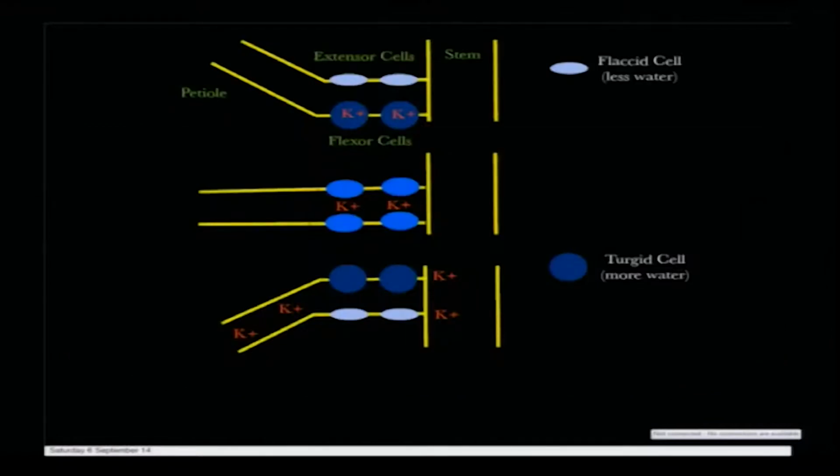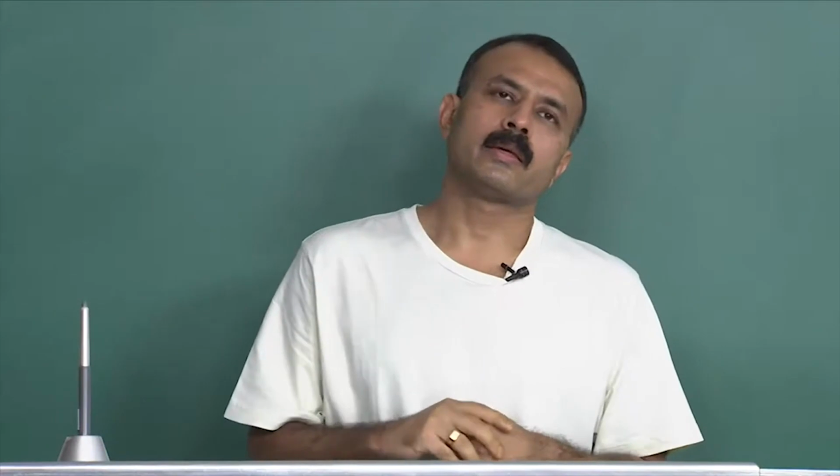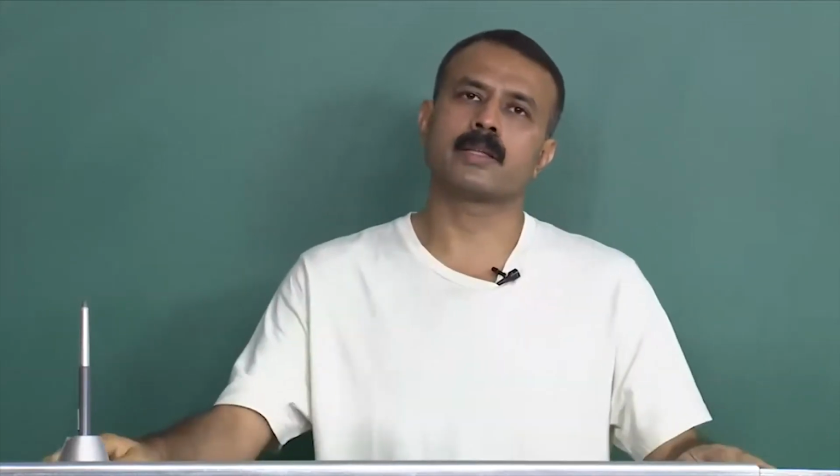Okay. So, the first set is the situation when there is less water in the cells, which is called a flaccid cell. Now, there are three pictures here. You touch the cells. Once you touch the cells, the end result is what you see in the third one. What essentially happens? It has been figured out that when you touch these cells, it opens up a series of potassium channels present in the plant, and from the extracellular space, potassium starts to enter inside the cells.